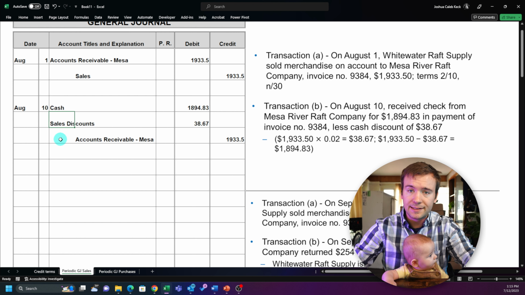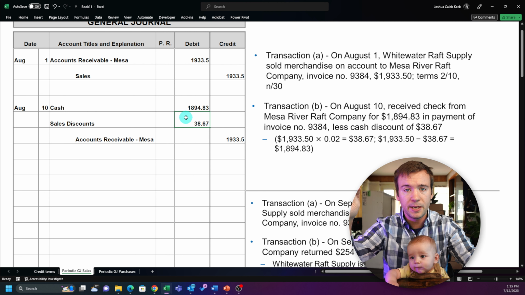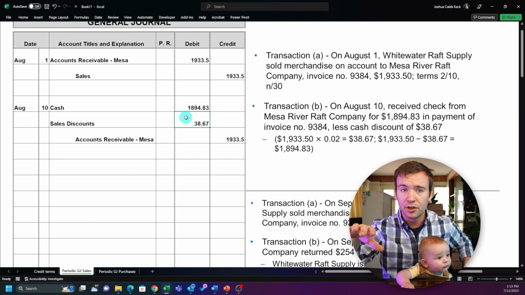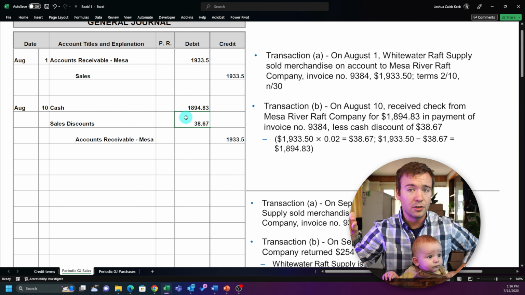Now this sales discounts is a sales account, which is a revenue type, but because we've debited this account, it's a contra revenue. It's contra to sales. All right. Sales is going to be on your income statement as your main revenue stream. And then underneath that, you're going to say less sales discounts, and you're also going to have less sales returns and allowances.